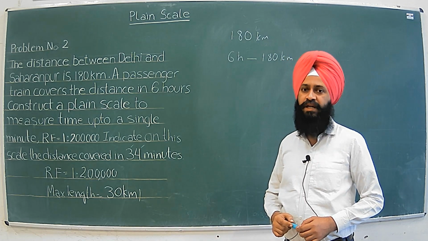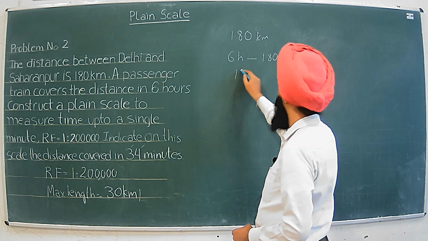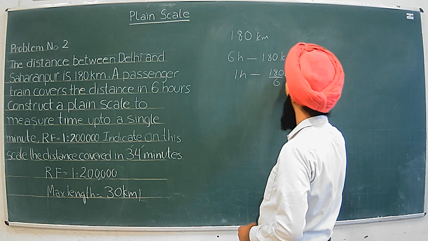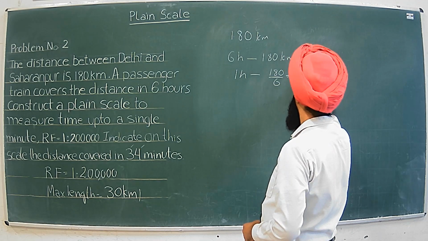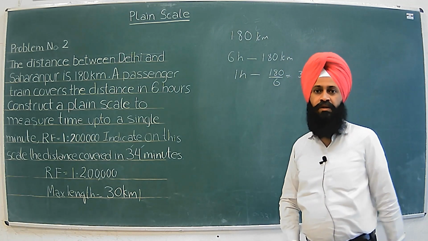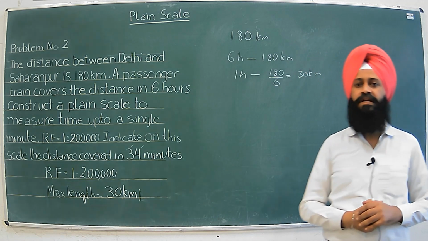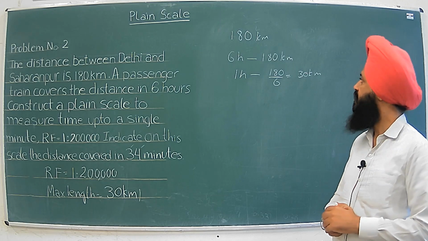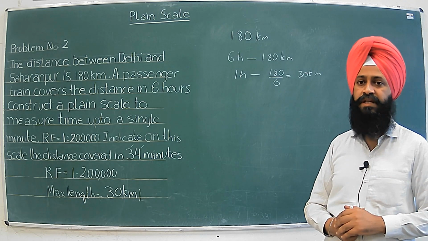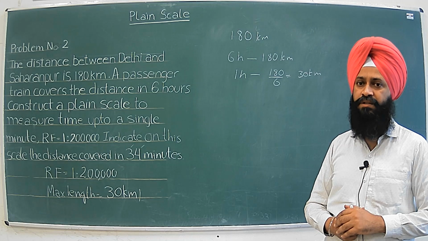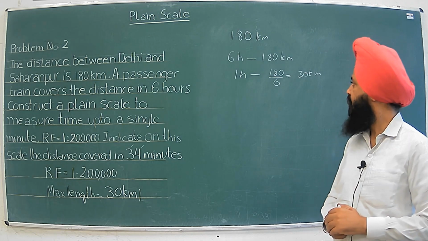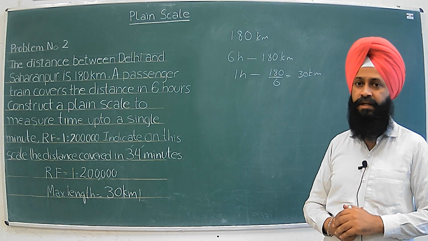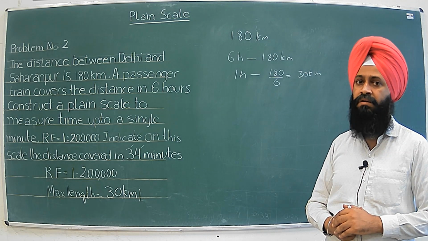So if we draw a scale for 1 hour, the distance covered in 1 hour is 30 kilometers. The maximum length was not given directly, but with the relation that 6 hours is taken to cover 180 kilometers, we found that 1 hour is for 30 kilometers.